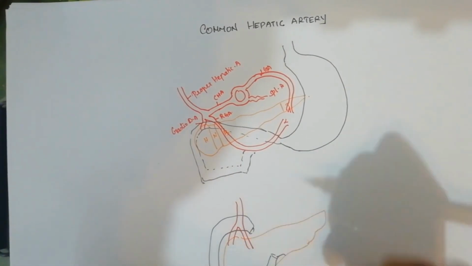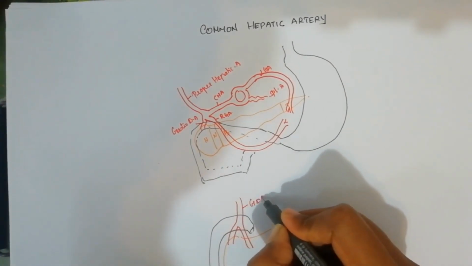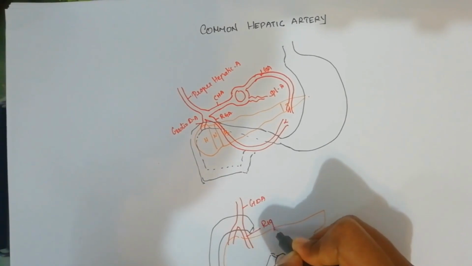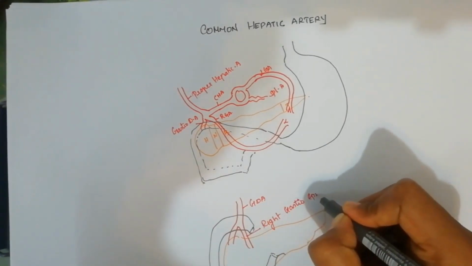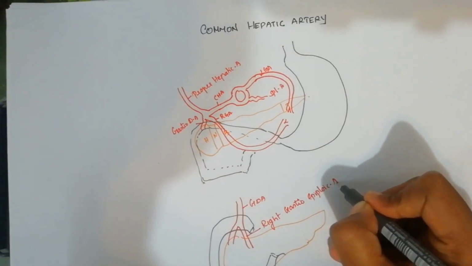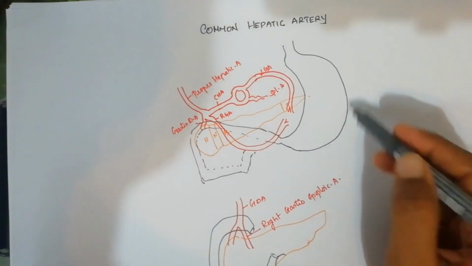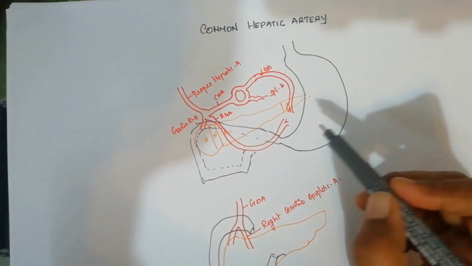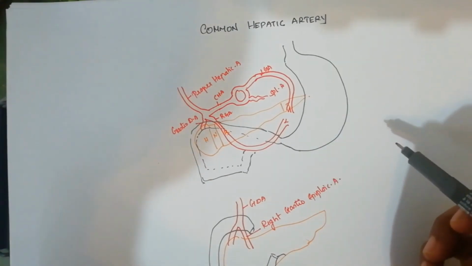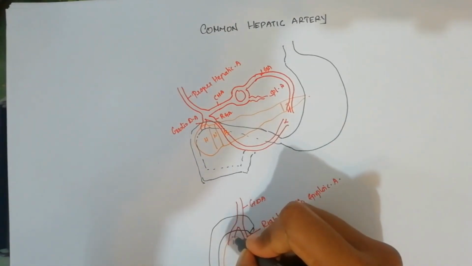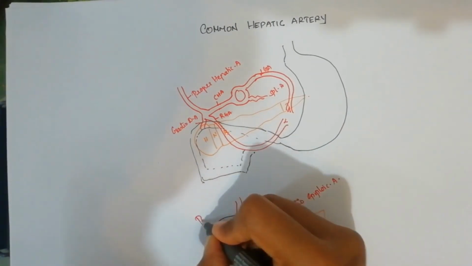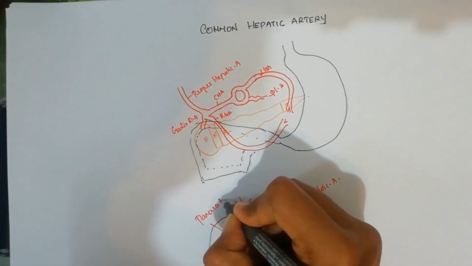So these two branches are nothing but the right gastroepiploic artery, which is going to supply the greater curvature and get anastomosed with the left gastroepiploic artery, which is a branch of the splenic artery. And then we have one more branch, that is the pancreaticoduodenal artery.